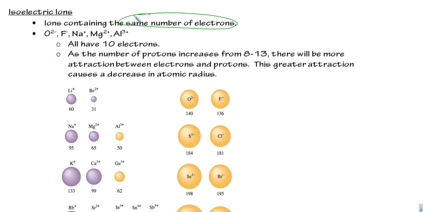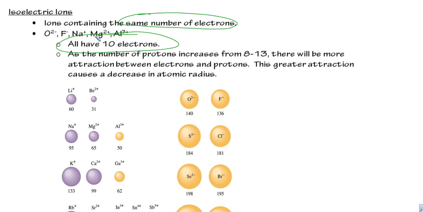If I have the aluminum +3 ion, aluminum normally has 13 electrons, but a +3 ion loses 3. All of these ions have a total of 10 electrons. That's what it means to be isoelectronic. Iso means the same. So we're referring to ions that all have the same amount of electrons.